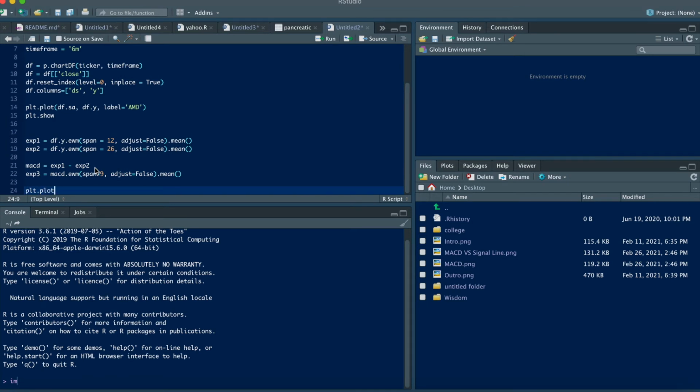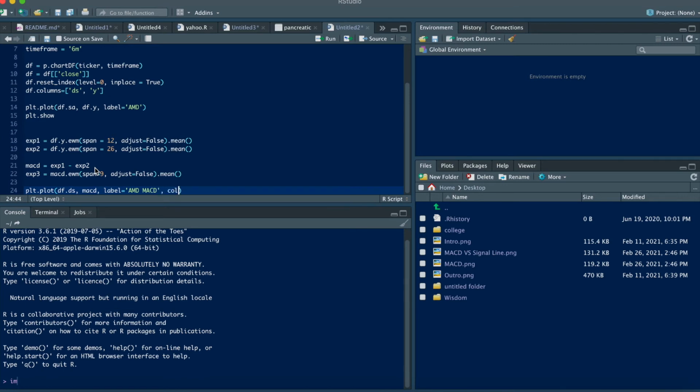And as a result, we have to plot it now. So plt.plot is equal to the df.ds, comma, is also equal to the MACD. We also have the label is equal to, so now for our lines, one of them is called AMD MACD. This is the stock we have, and then we have to pick a color.